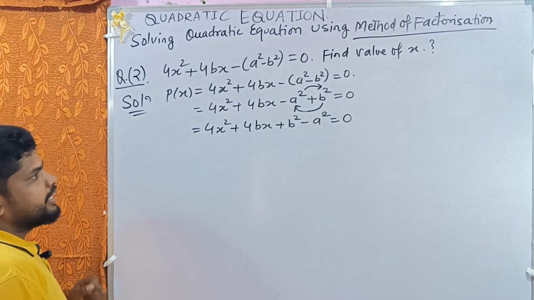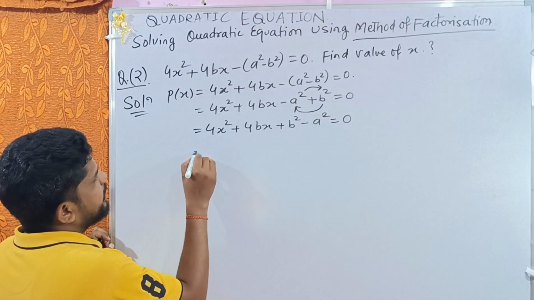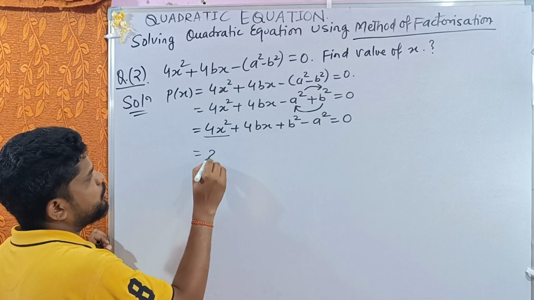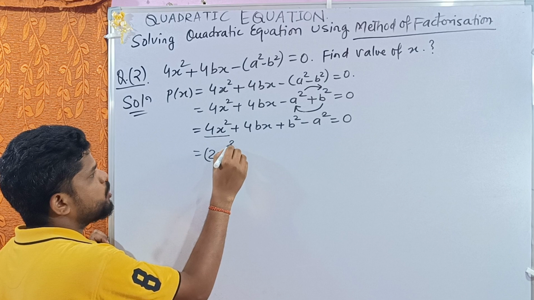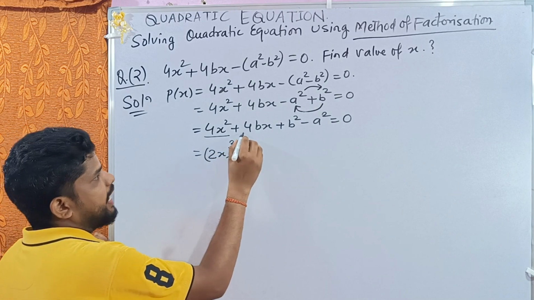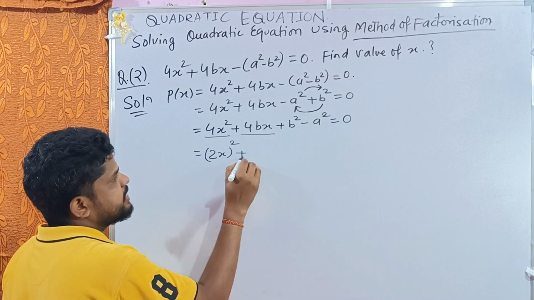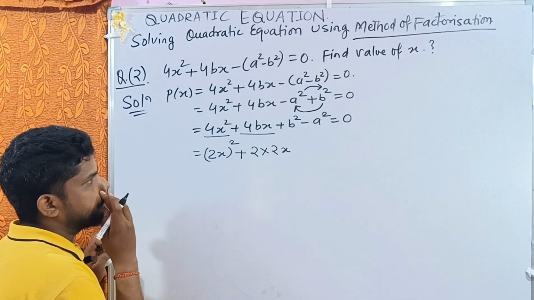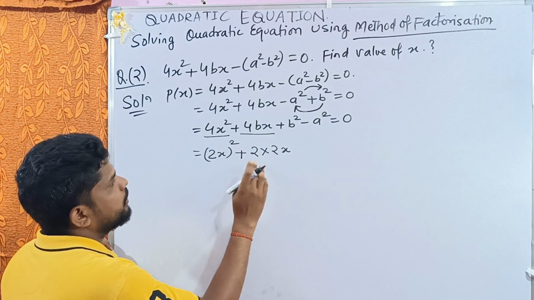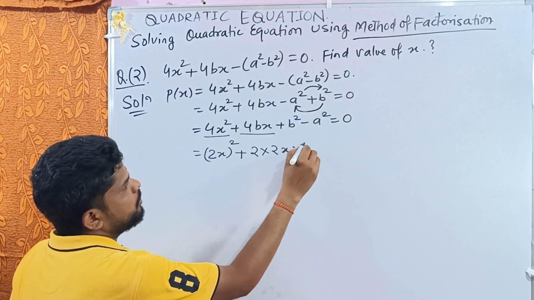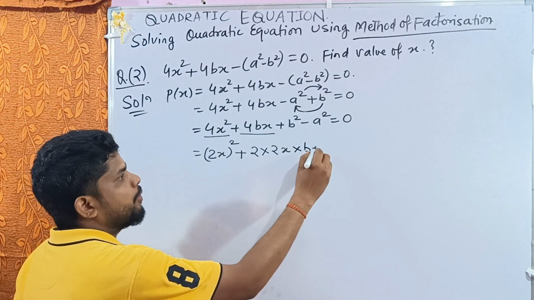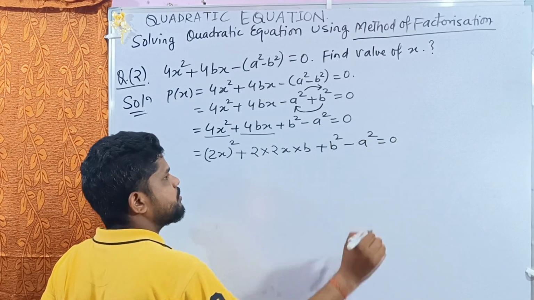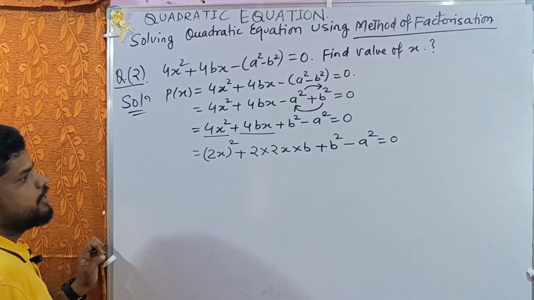Yes. Now here I can write this 4x square as (2x) whole square, and I can express this as twice of 2x into b plus b square minus a square equals 0.